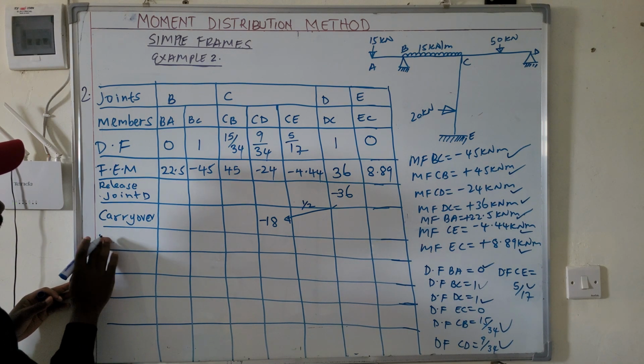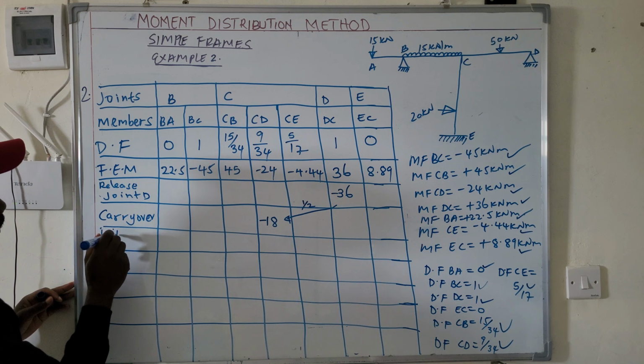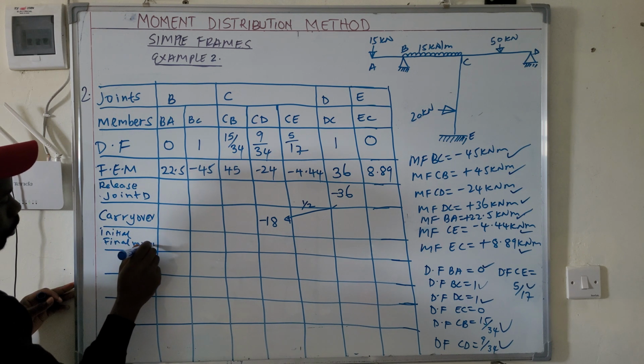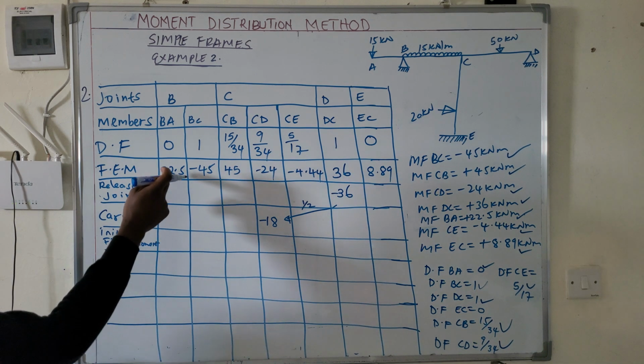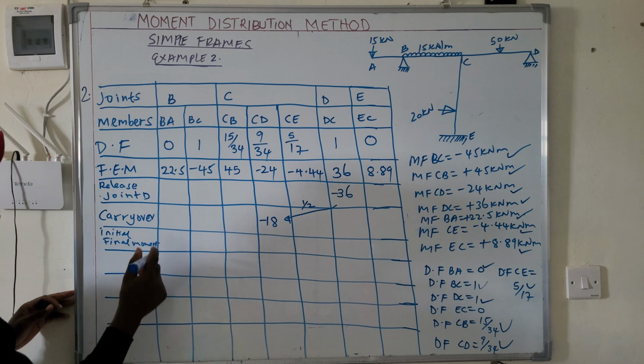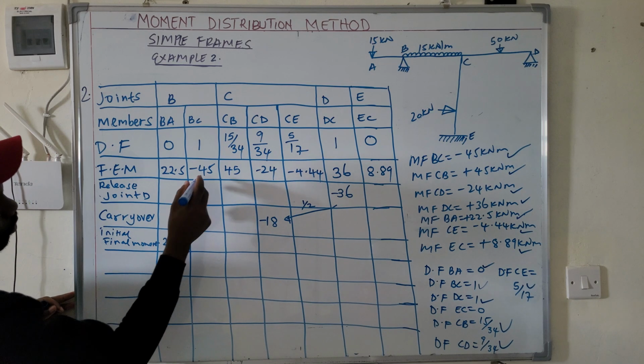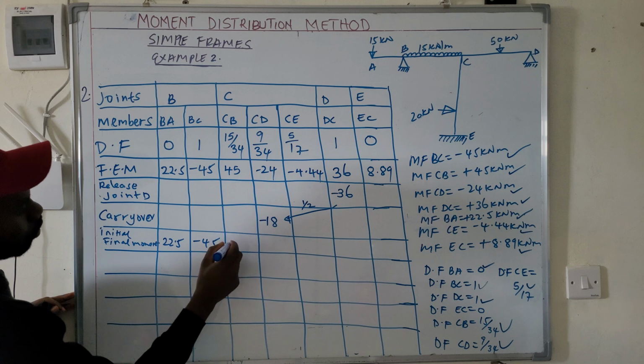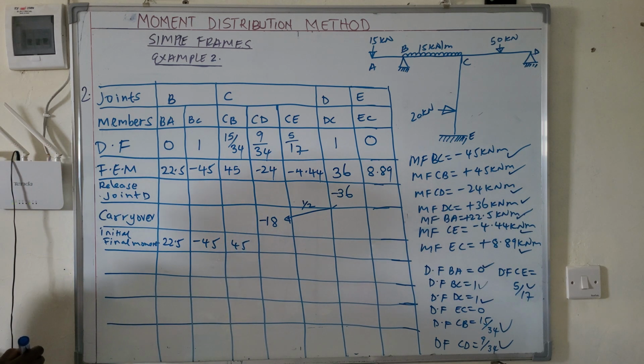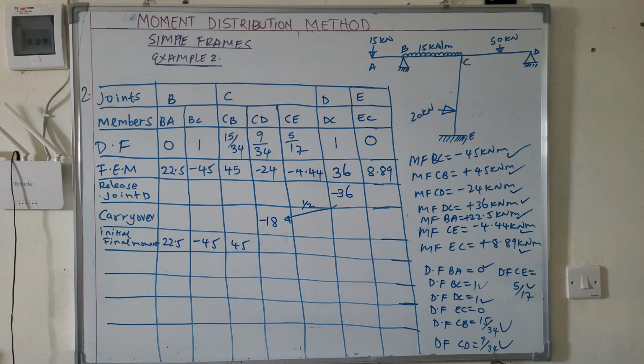After doing so, we will now find the final moment. We add 22.5 plus 0 plus 0, that is 22.5. Then minus 45, plus 45, minus 24 plus minus 18, that is minus 42.